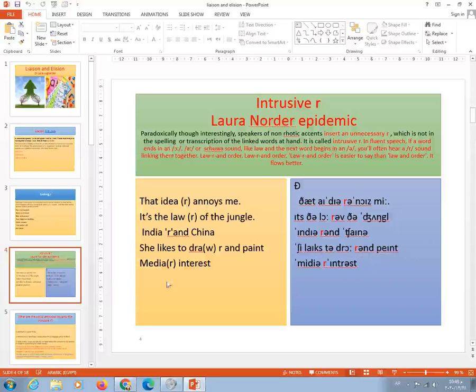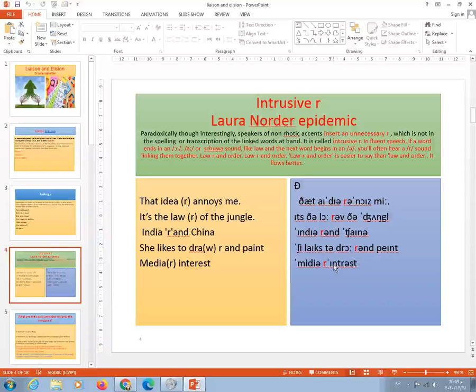The last example is media, also ending with ear, which is a diphthong. The last vowel is schwa, and the second word starts with e, which is also a weak vowel. It's not as weak as the schwa, but at the end of the day, it's a weak vowel.